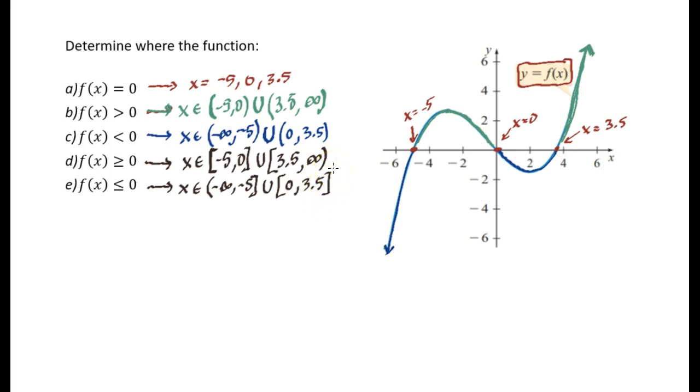Okay, so hopefully that makes sense. We're looking at where it is above or below the x-axis, depending on what inequality we have, because we want to know about our output, vertical. And then our solution will be x: what x values will give you those outputs. All right, so let me know if you have any concerns. I'll be more than happy to help.